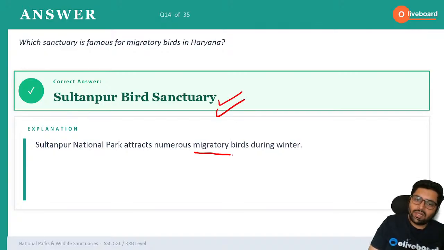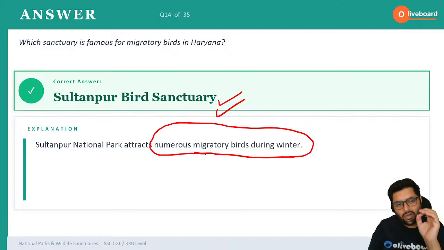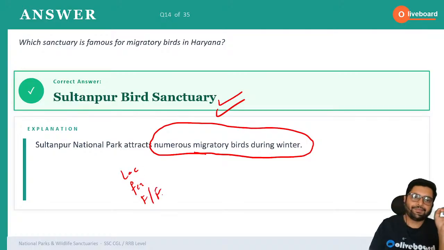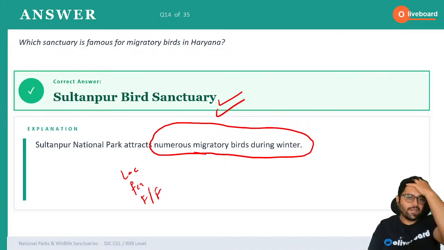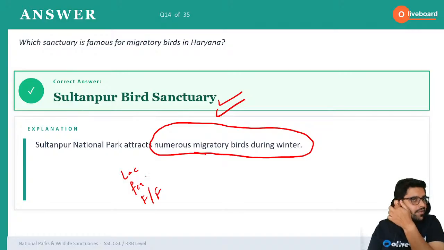Numerous migratory birds arrive here during winter. So feature wise it is important and also location wise, and obviously flora and fauna. So whenever you are studying national parks or wildlife sanctuaries, you have to study both in the same manner. There are 570 plus wildlife sanctuaries, it is not possible to remember all.